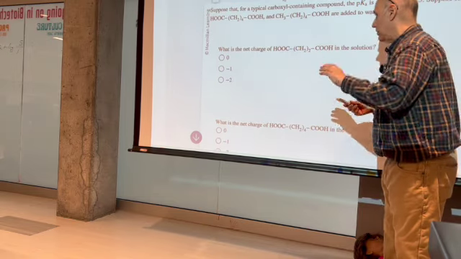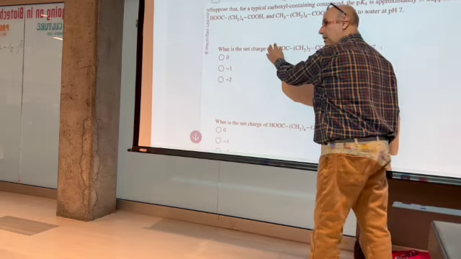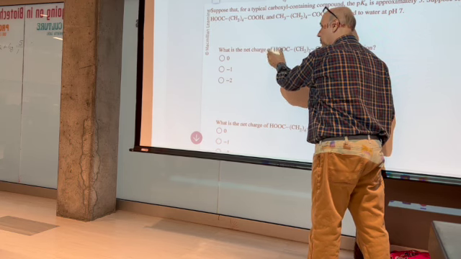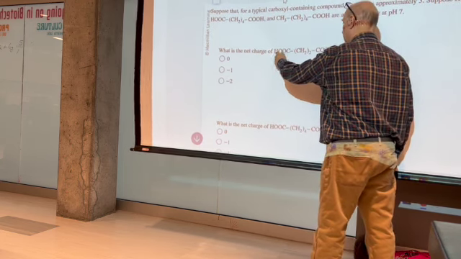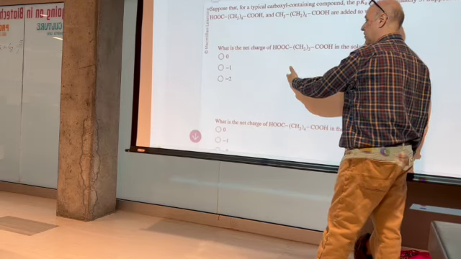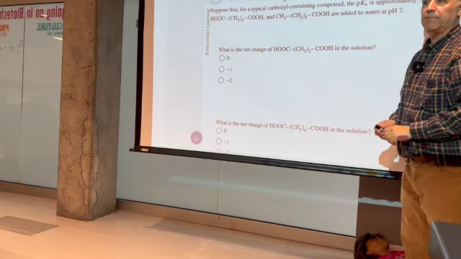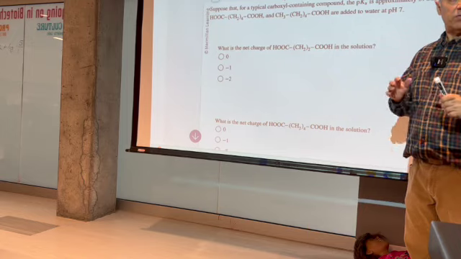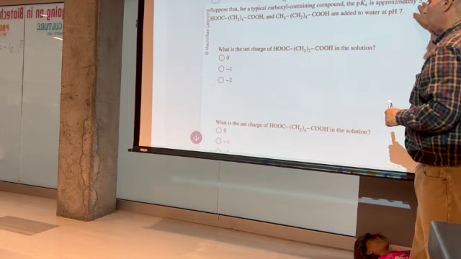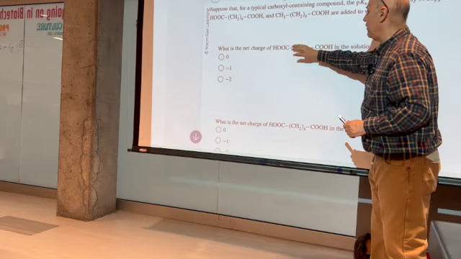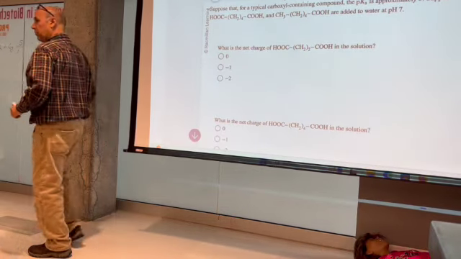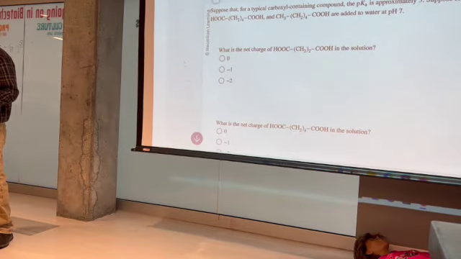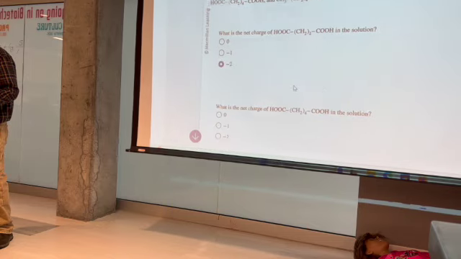Keep in mind, you guys, there are 2 equilibria that are different, but they roughly have the same pKa. So that one is gone, that one is gone, that is going to give you a charge of -2, right? At a pH of 7. If the pH was 3, then you would have 50% and 50%. If the pH is 1, all of it would be protonated, so the charge would be 0. So my guess is that that should be the answer.